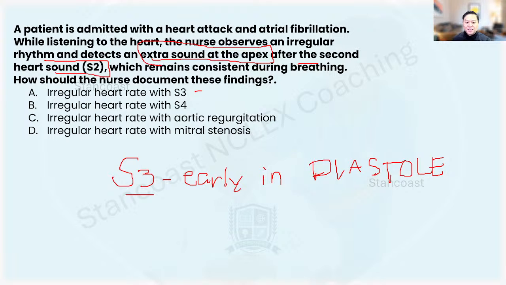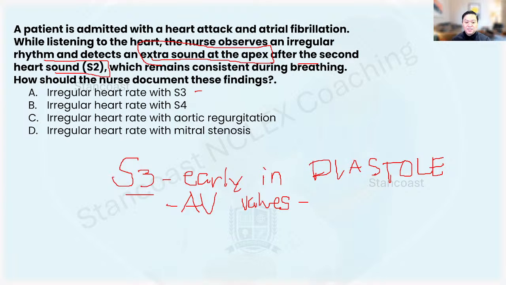So what causes the S3 sound? This is going to occur when the mitral valve and also the tricuspid valve, known as the AV valves, atrioventricular valves, open and allow blood flow into the ventricles.